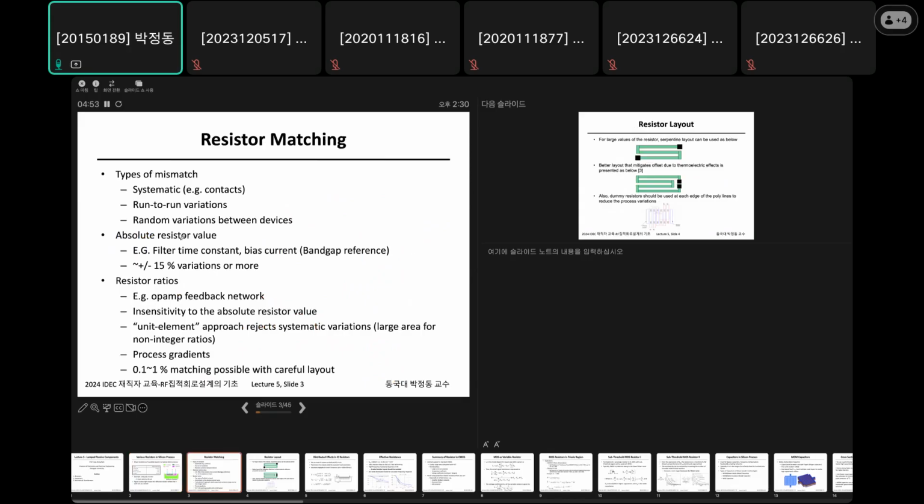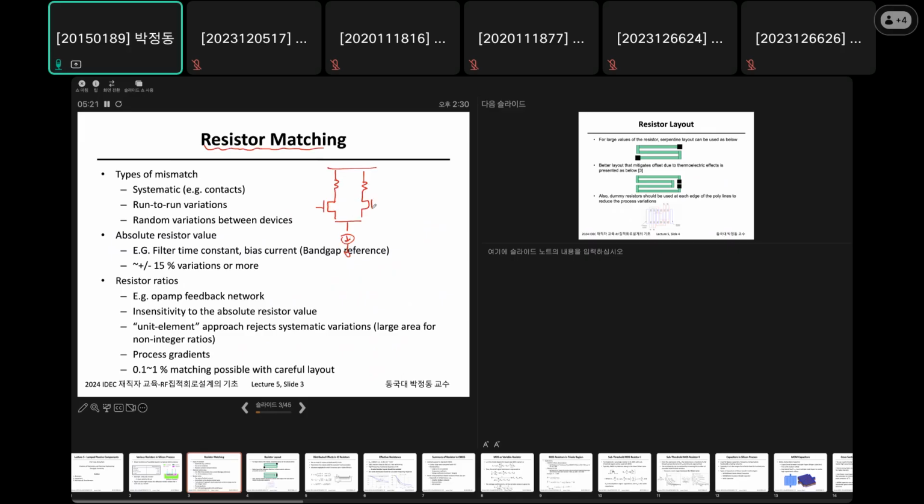So there are several types of resistor mismatch, right? The reason for the importance of resistor matching is that most integrated circuits are typically implemented in differential form.